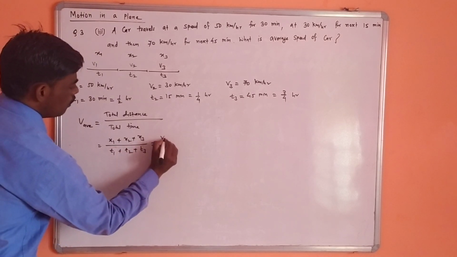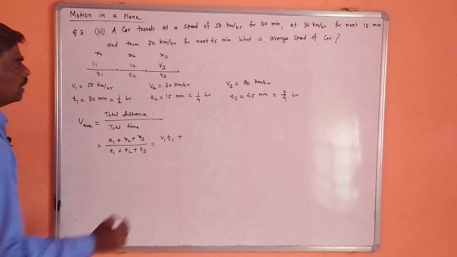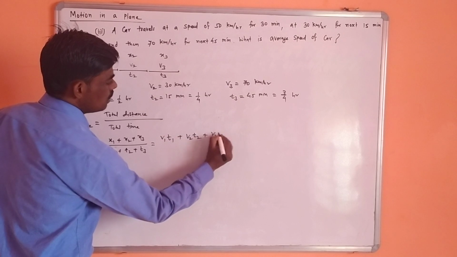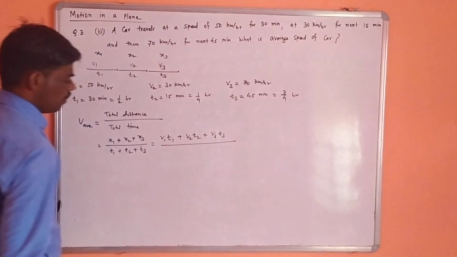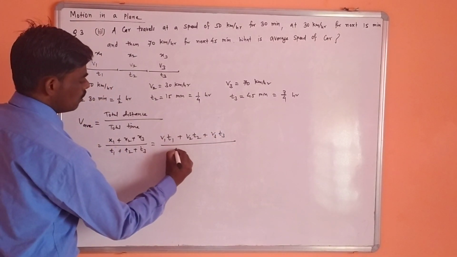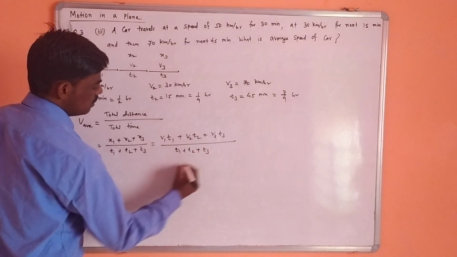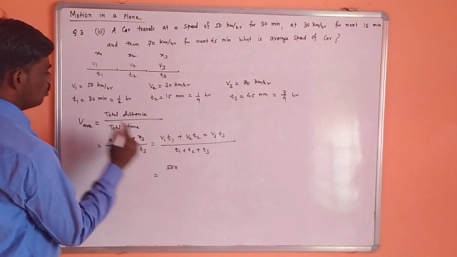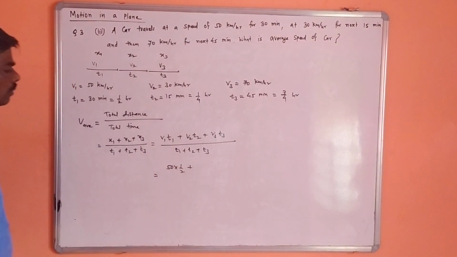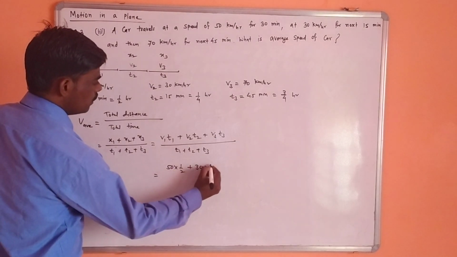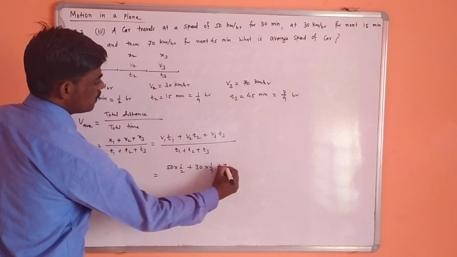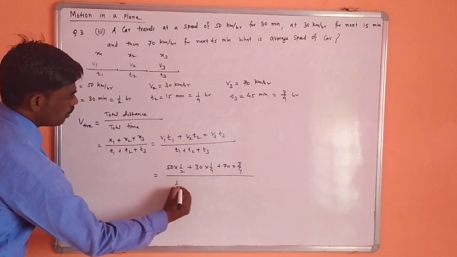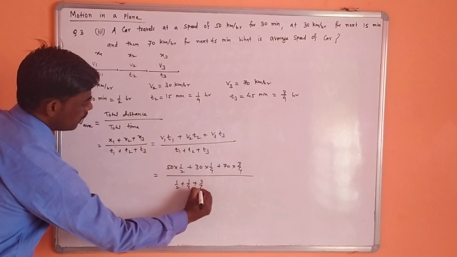So x1 is v1 into t1, x2 is v2 into t2, and x3 is v3 into t3, divided by the time interval t1 plus t2 plus t3. Now substitute values: 50 into 1 by 2, then 30 into 1 by 4, and then 70 into 3 by 4, divided by 1 by 2 plus 1 by 4 plus 3 by 4.